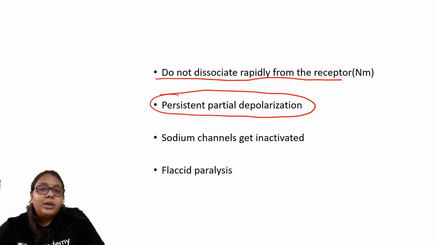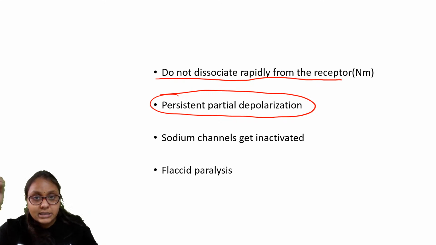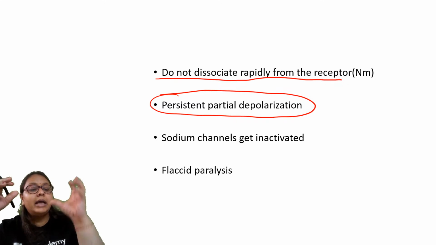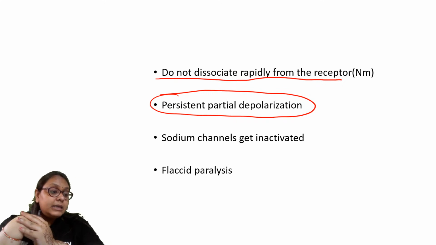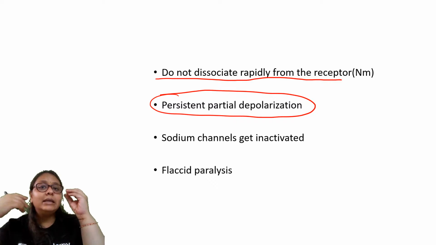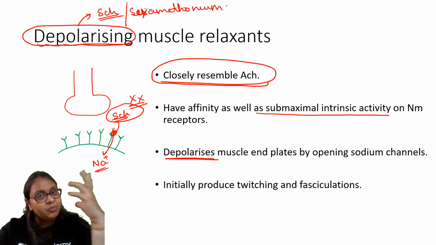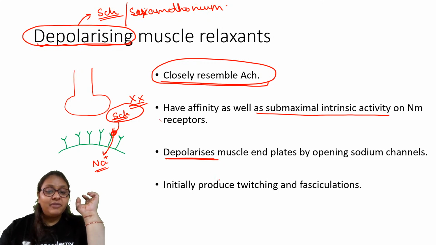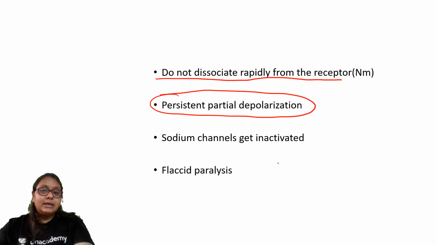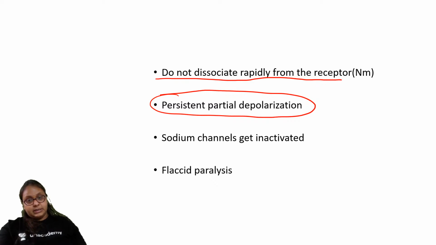The membrane goes into the refractory stage and further stimulus cannot act on it, and the sodium channels get inactivated and therefore there is flaccid paralysis. Is it clear? So succinylcholine is a depolarizing muscle relaxant. It depolarizes the membrane and therefore there is partial twitching and fasciculations. But it does not dissociate from the receptor and therefore there is persistent partial depolarization, and therefore it causes flaccid paralysis.